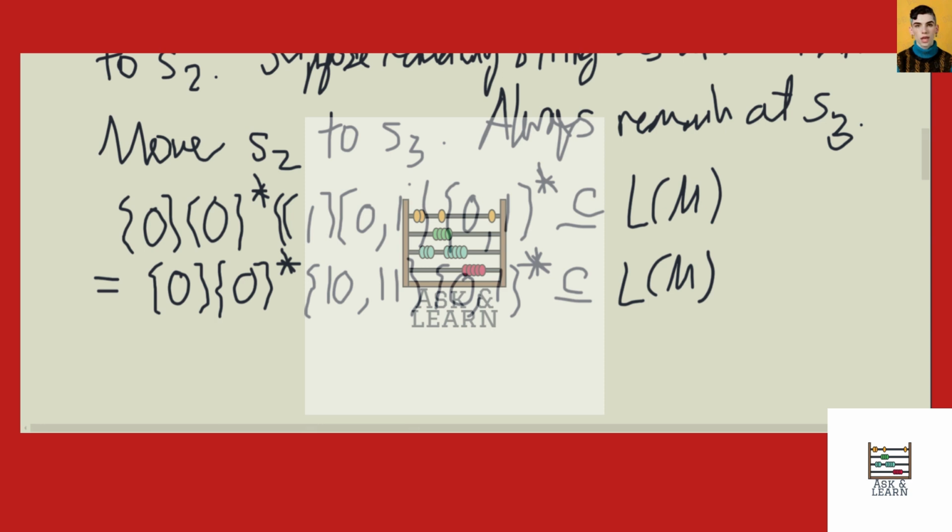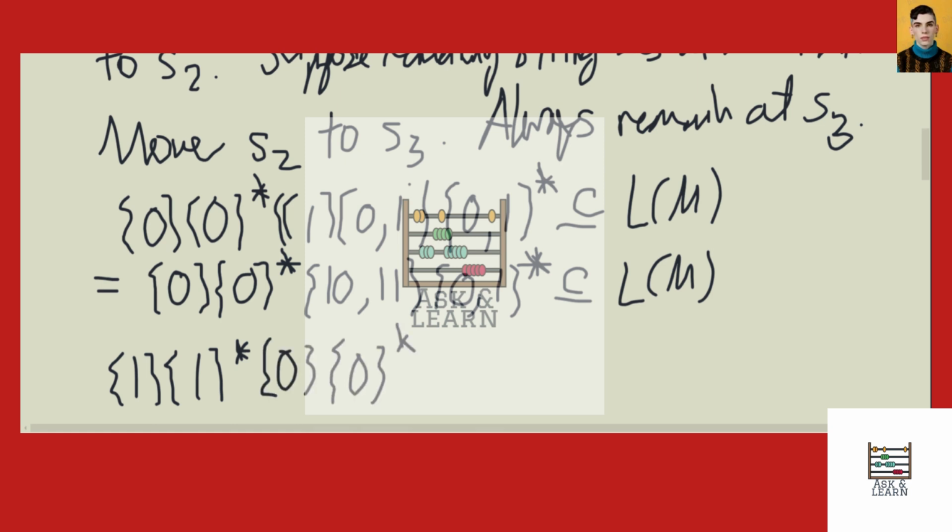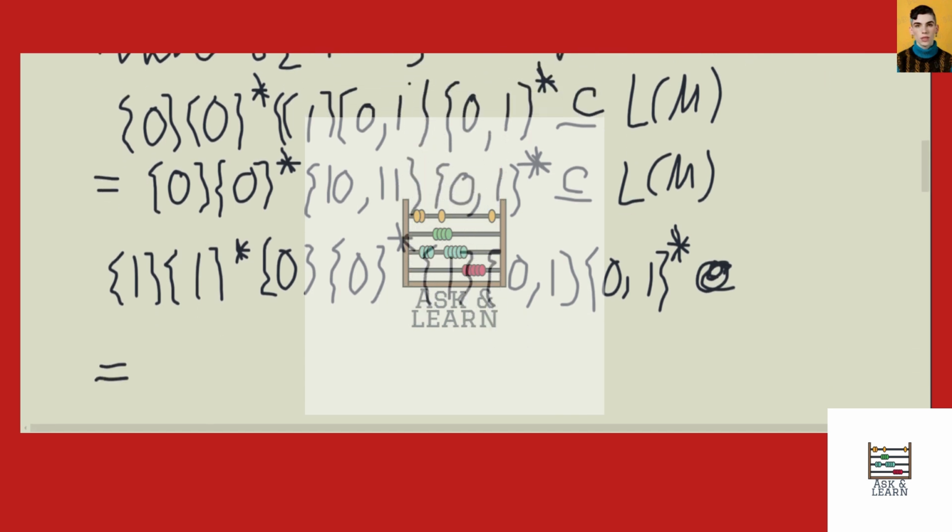We also have that the concatenation of the set containing 1 and the Kleene closure of the set containing 1, the set containing 0 and the Kleene closure of the set containing 0, the set containing 1, and the set containing 0 and 1 and the Kleene closure of the set containing 0 and 1, is also in the recognized language.